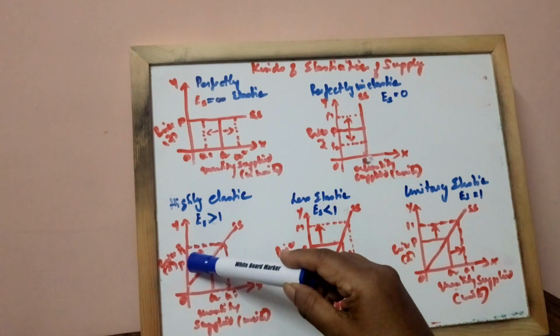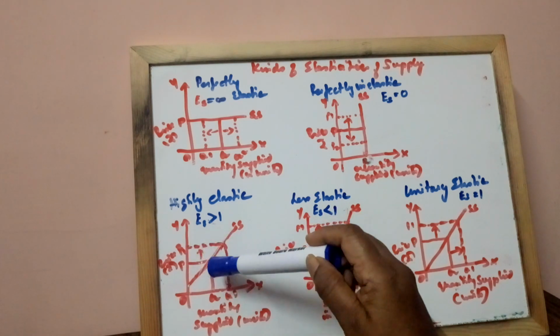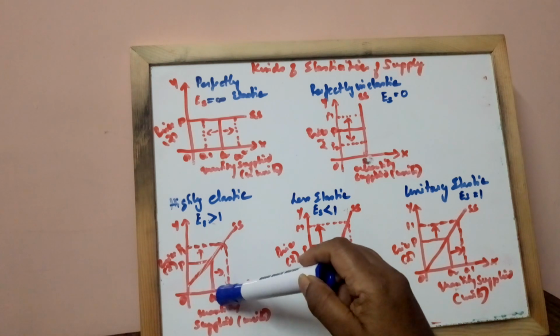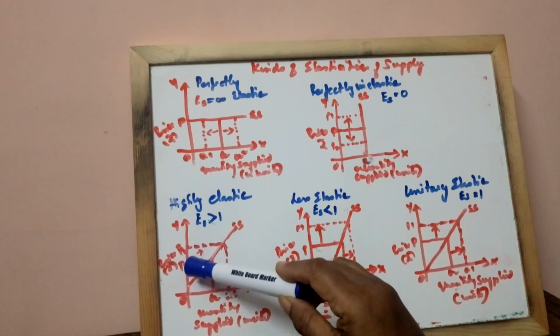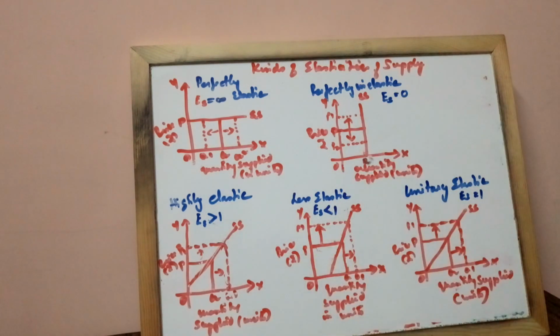But here you find the proportionate change in price is less than the proportionate change in Q. So the proportionate change in supply is more than the proportionate change in price. So elasticity of supply is greater than 1.